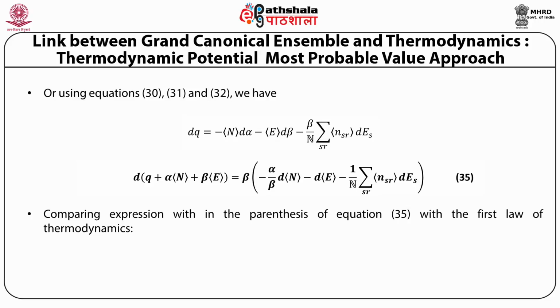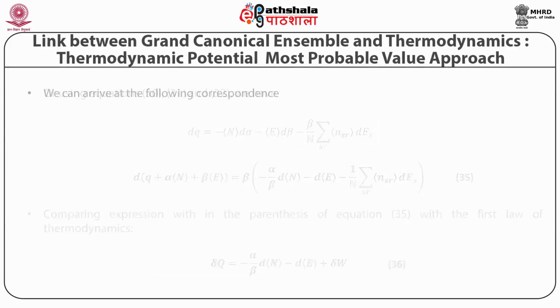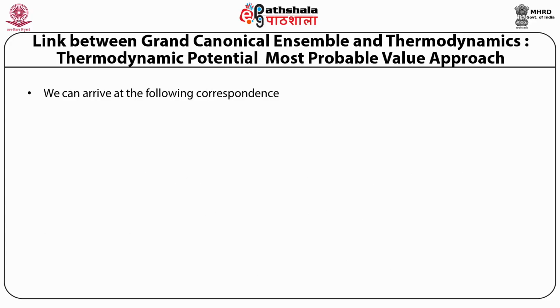Comparing the terms within the parentheses of equation 35 with the first law of thermodynamics, delta Q is equal to minus alpha upon beta with the differential of the mean value of the number of particles, minus the differential of the mean value of energy, plus delta W, we can arrive at the following correspondence.